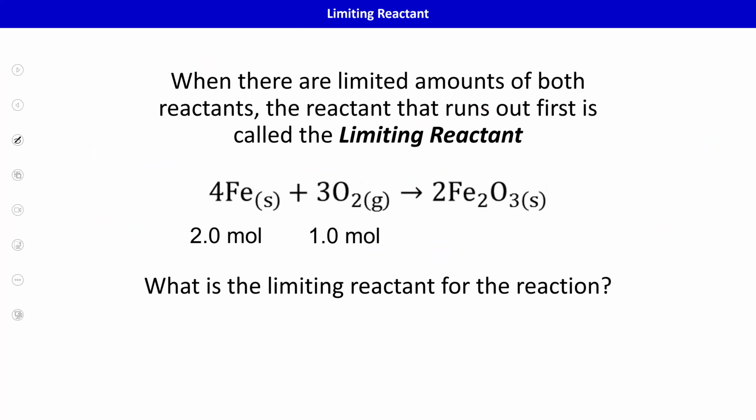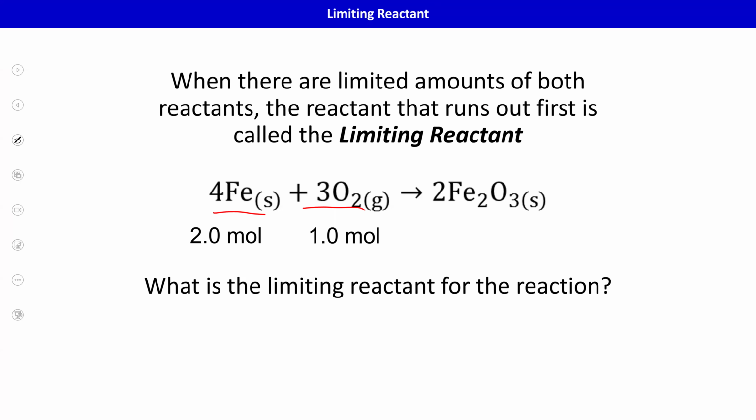So, a couple of vocab terms. When we're doing this stoichiometry, when we're talking about these different reactions, there's a couple of key factors that kind of get their own name. Basically, if we know we have limited amounts of both of our reactants, or if we had 3 reactants or 4 reactants, whatever, if we know we have amounts for them, they're not necessarily going to run out at the same time, right?